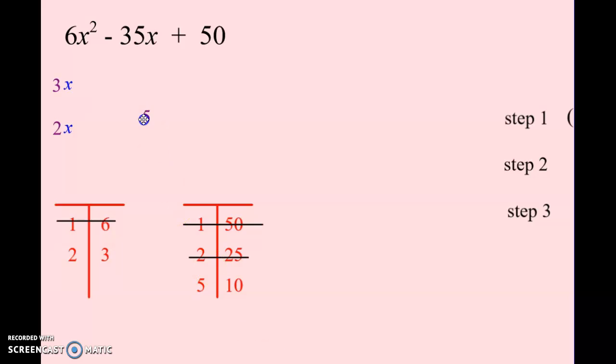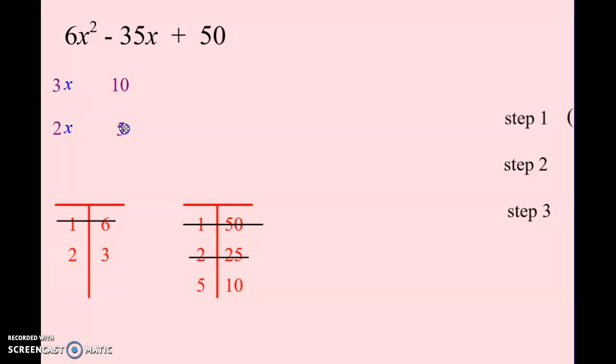So let me start with this. I'm going to put a 5 up here and I'm going to put a 10 here and see what happens. 3x times 10 gives me 30x, and 2x times 5 gives me 10x for a total of 40x. That doesn't work because I need 35. But what happens if I switch those around instead?